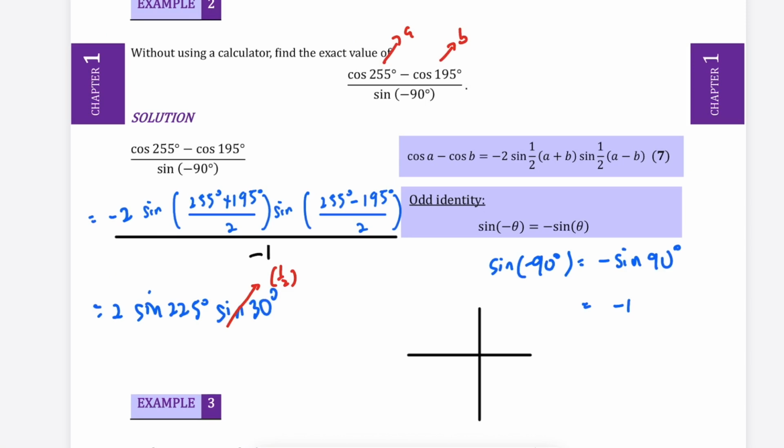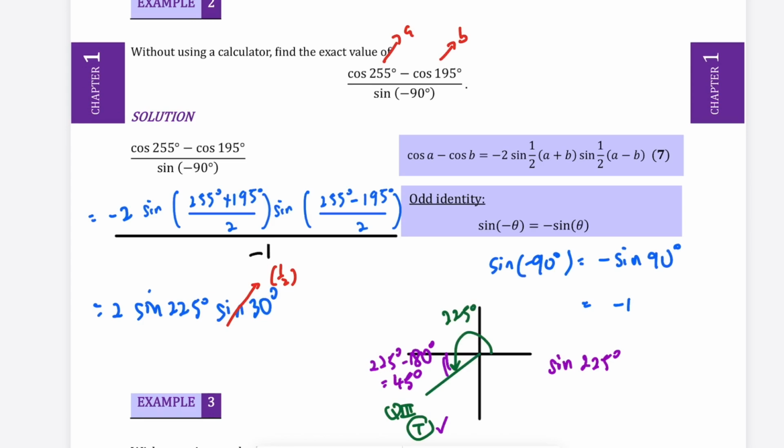Let's use reference angle. 225 degree is here in quadrant 3, the house of tangent. Now let's find your reference angle here. This is 225 degree minus 180 degree, so this is 45 degrees.